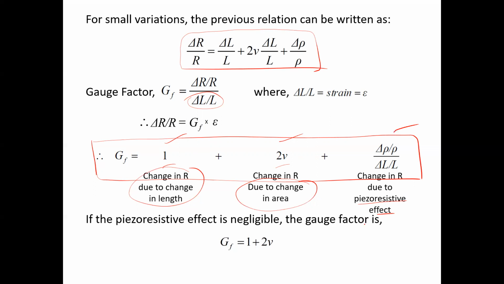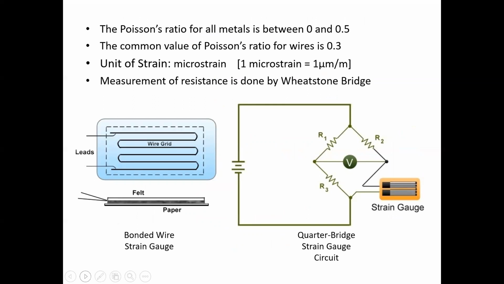Now, for a particular material, if the piezoresistive effect is negligible, then the gauge factor can be represented by the expression 1 plus 2 into Poisson's ratio. So for a particular material, if the Poisson's ratio is known, then the gauge factor can be easily determined, and from the gauge factor, the sensitivity of the corresponding strain gauge can also be approximated.